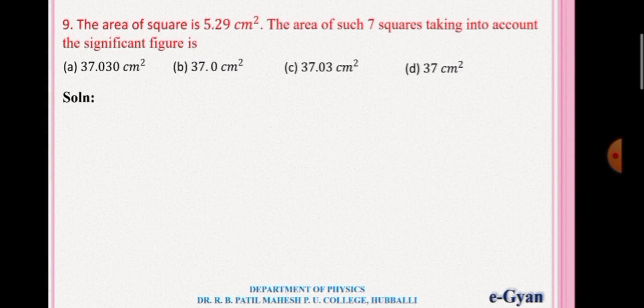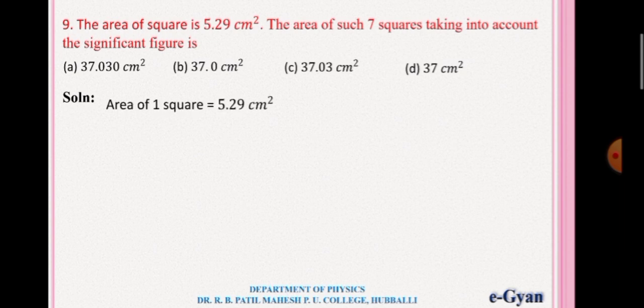Okay, in the question, a square is there and area of that square is given, and after that 7 squares are taken, and question is what is the total area of these 7 squares taking into account significant figures.